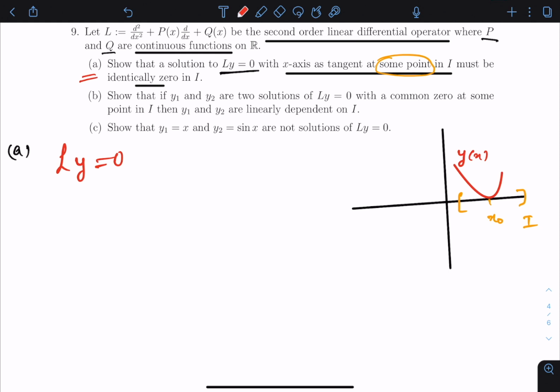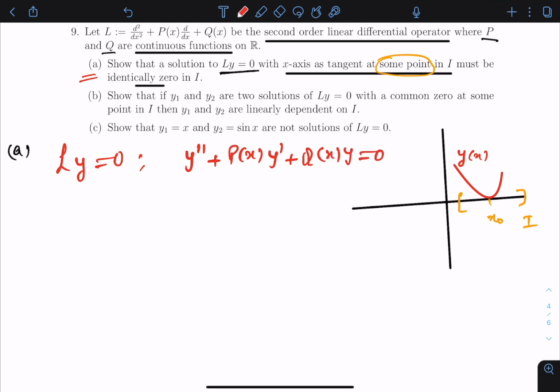y satisfies Ly equal to 0, and what is Ly? Ly is precisely y double prime plus p of x y prime plus q of x y equal to 0.